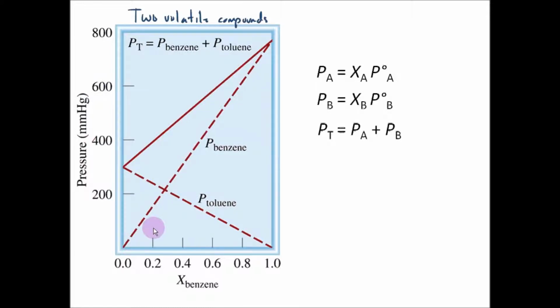So P total is going to be P toluene plus P benzene, and we're going to import these equations into this total equation. We find that the total pressure of the solution is going to be the sum of the two partial pressures. Mole fraction of A times the pure A plus mole fraction of B times pure B.